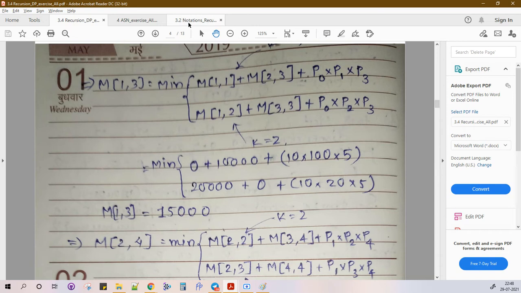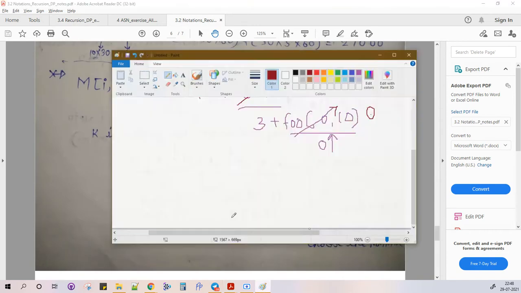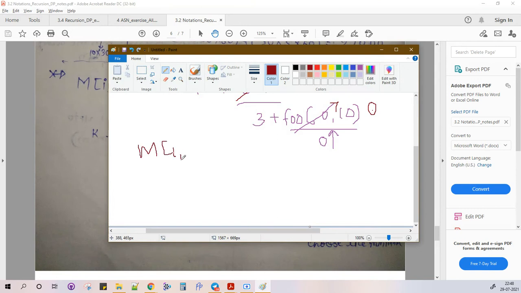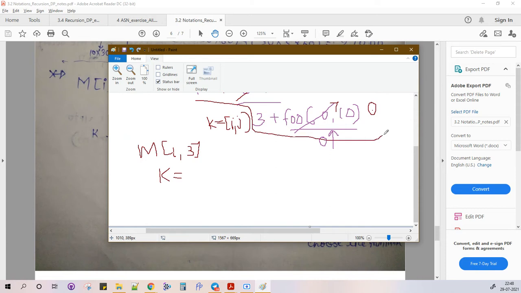It would be the minimum over k of M[i][k]... So in case of M13, what would be the value of k? k is going from i up to j, not including j, since the round bracket is there. So k would be 1, 2, not 3. j is not included, i is included. So k I am having 2 values.